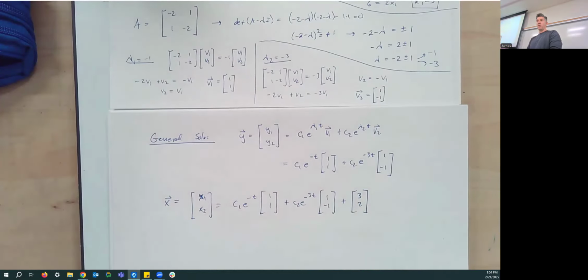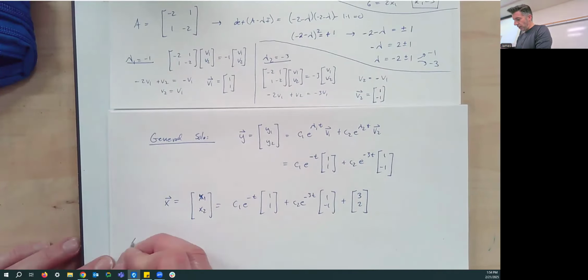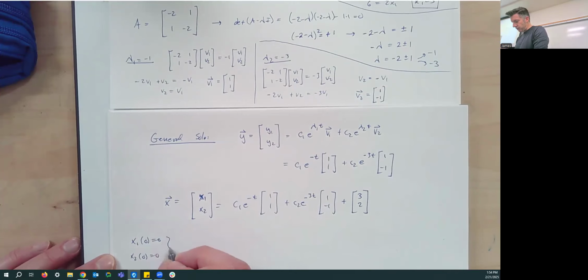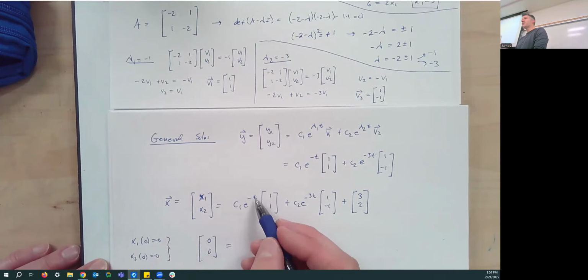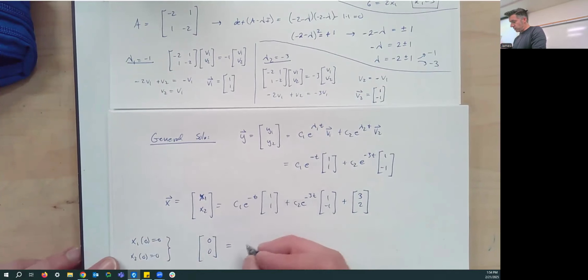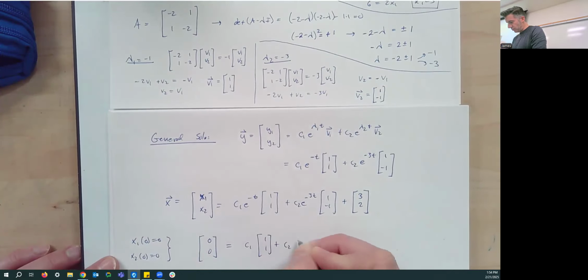And now we can find our C1 and C2 using our initial conditions. So we know that x1 of 0 is 0, x2 of 0 is 0. So plugging those in, we get 0, 0 equal to, okay, let's be careful here. When you plug in 0 for t, which is almost always what you're plugging in, the e to the whatever just becomes 1. So we get C1 times 1, 1 plus C2 times 1, negative 1 plus 3, 2.